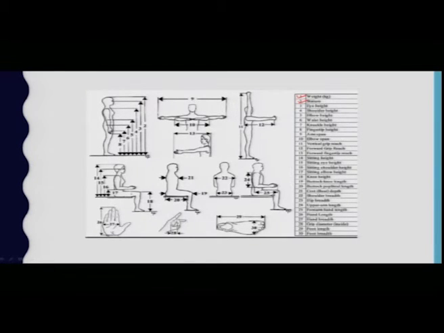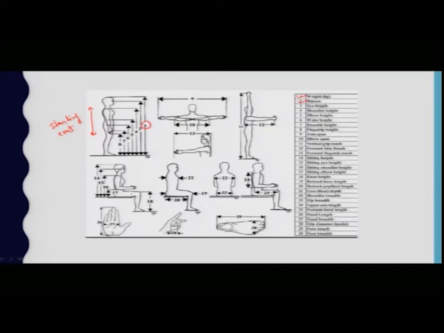Stature is nothing but the standing height, represented here as 2, and it is expressed as the vertical distance between the floor and the highest part of the head with the subject standing erect. So, he is standing erect.